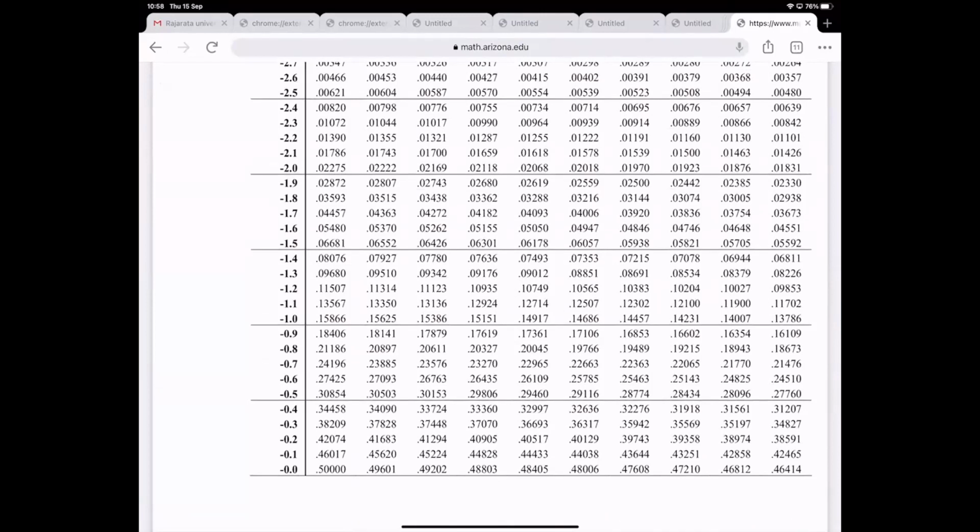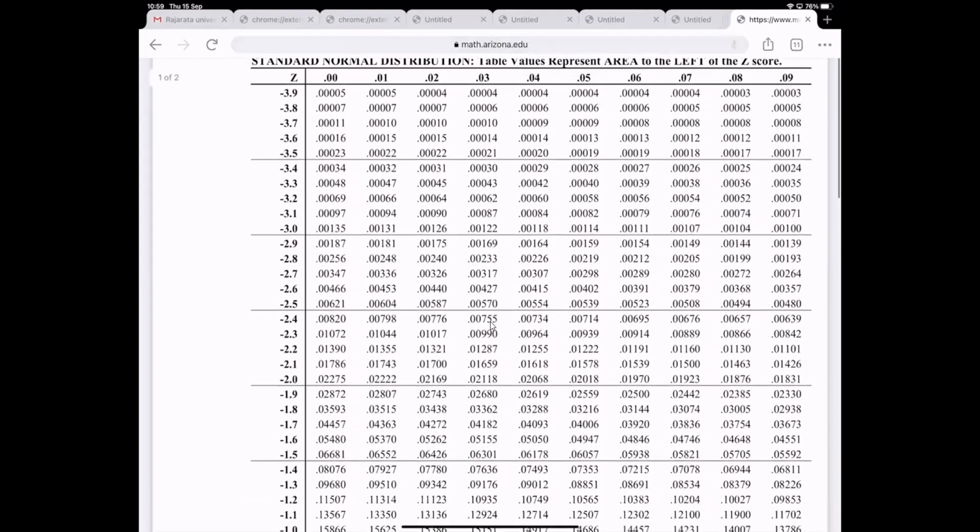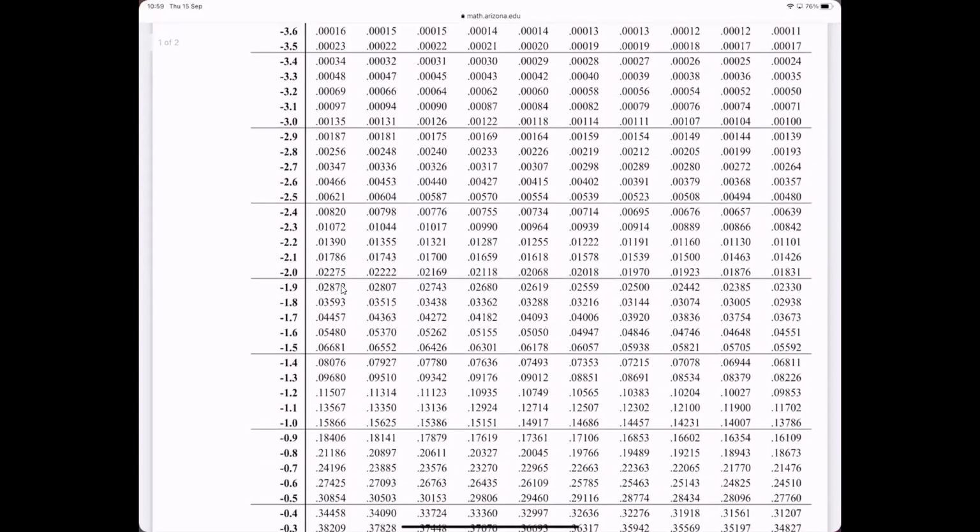0.15 is somewhere here. Just consider this one, you can take the approximated value, minus 1.03. That should be the answer.